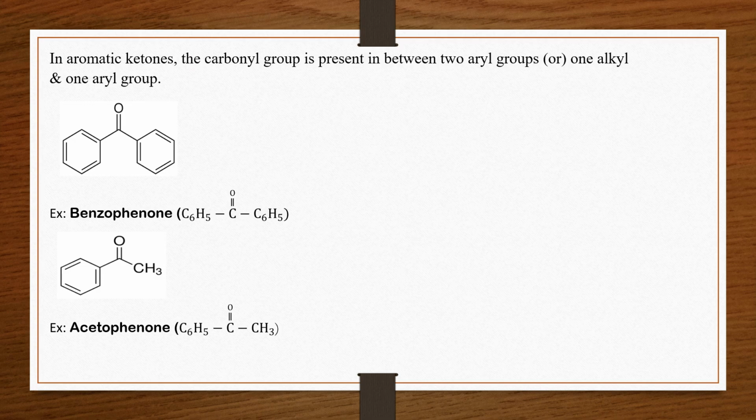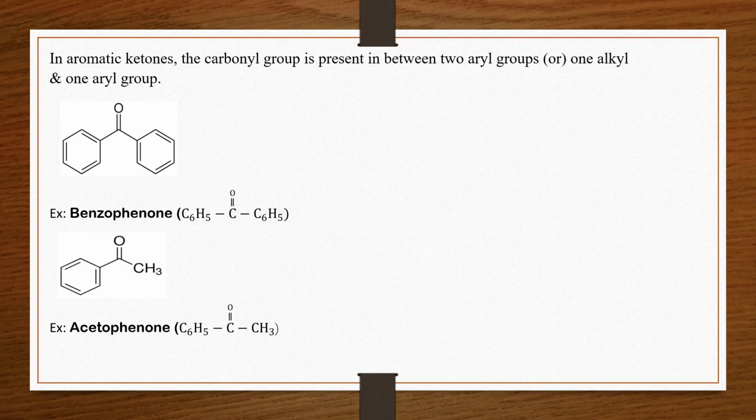Next, coming to aromatic ketones, the carbonyl group is present in between two aryl groups or one alkyl and one aryl group. What are aromatic ketones, students? The C double bond O group is present in between two aryl groups or one alkyl and one aryl group.